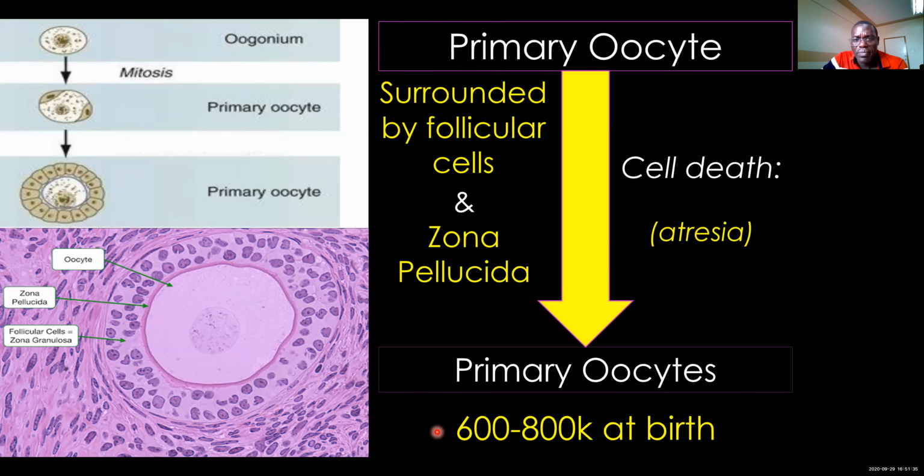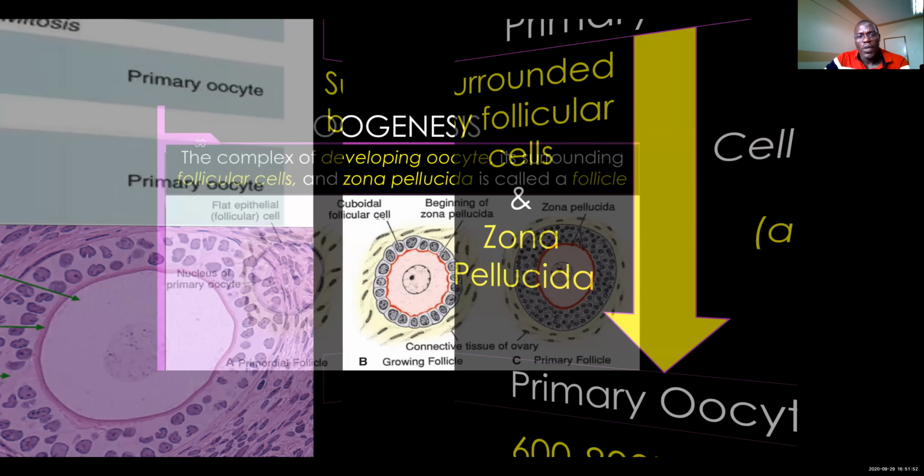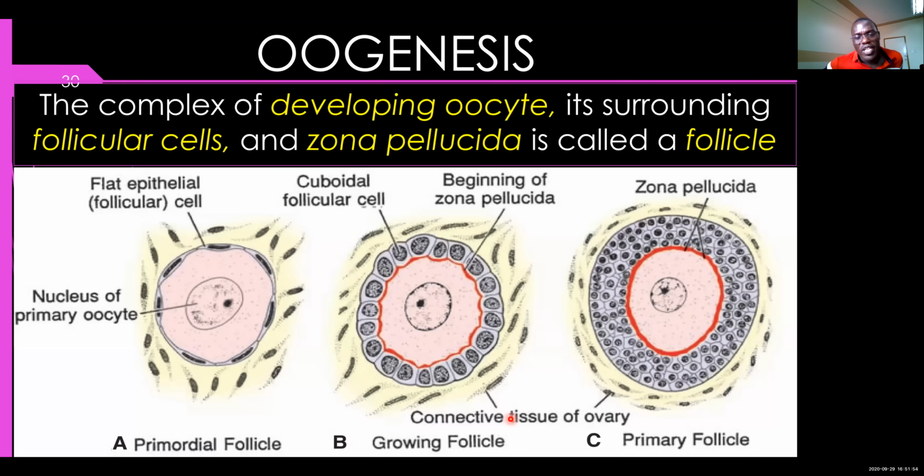Now let's see what happens to the primary oocytes even before birth, apart from some of them dying. So we want to focus on these ones which are alive. What happens to them before they get here? Okay, maybe before that we define something.